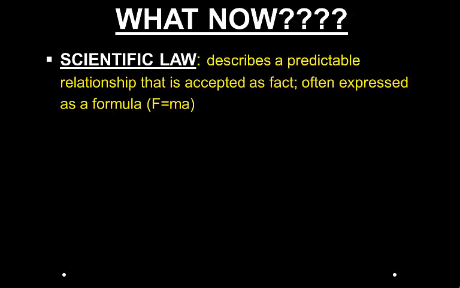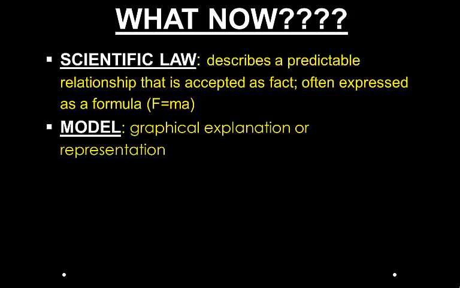To do so, scientists often engage in constructing models. Models are visual, verbal, and mathematical models that show a relationship amongst information. In many cases, a model that is successfully applied may become part of a scientific theory.